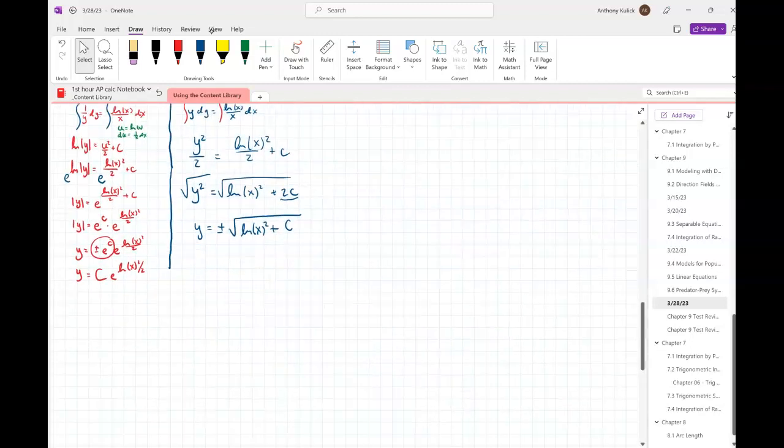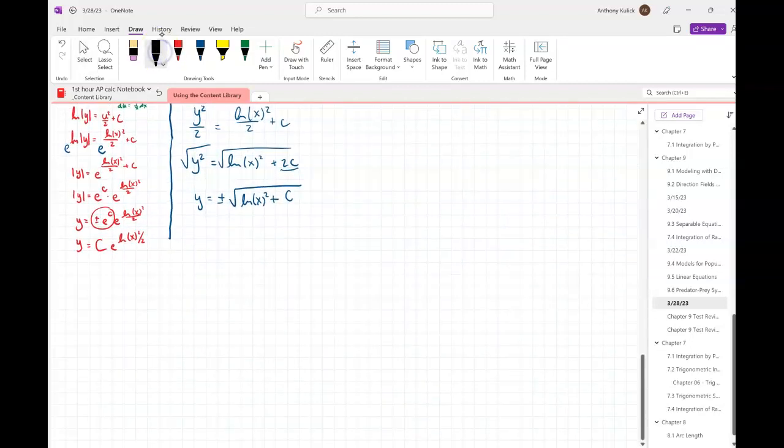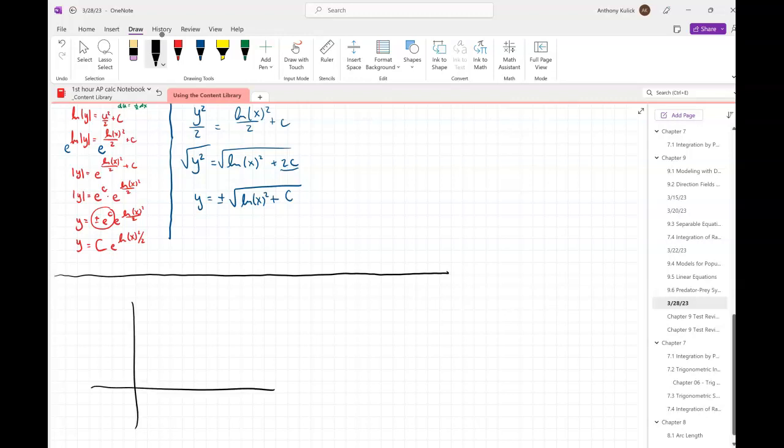So Euler's method is just a way to approximate solving a differential equation. Basically, let's say that this is the actual solution and this is some point on it.